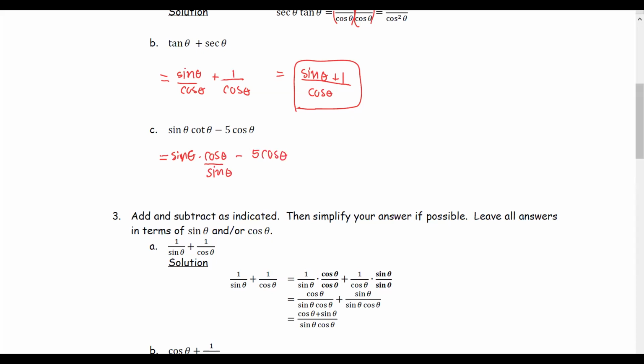In this case, we can see the first term has sine theta and sine theta that can be reduced. Therefore, we have cosine theta minus 5 cosine theta. Simplify one more time. This is the same as 1 of the cosine theta minus 5 of the cosine theta, which will give us negative 4 times cosine theta.